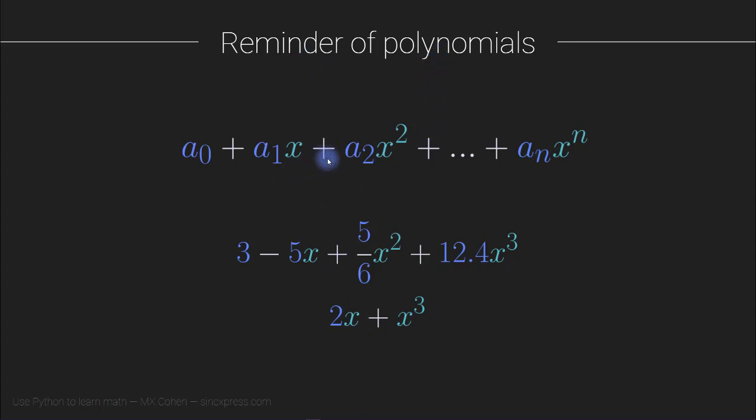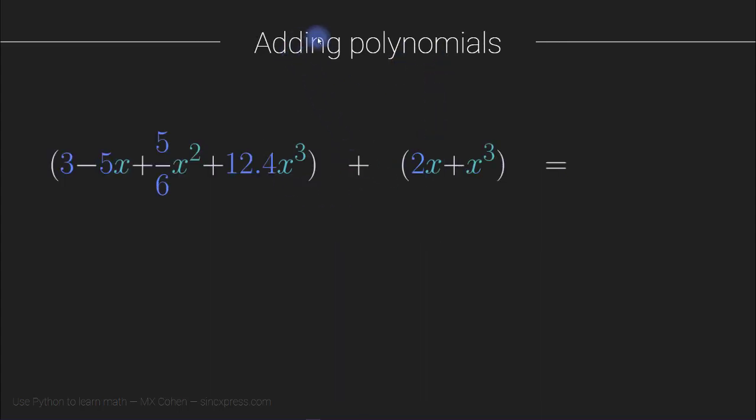What you are going to be doing in this video is learning about adding polynomials to each other. So this is one polynomial, this is the other polynomial that I showed on the previous slide. And now, how do you add these things together? Well, it's pretty straightforward. What you have to do is look for all of the like terms. So you look for the terms that have the same degree or the same power on the x, or whatever the variable is.